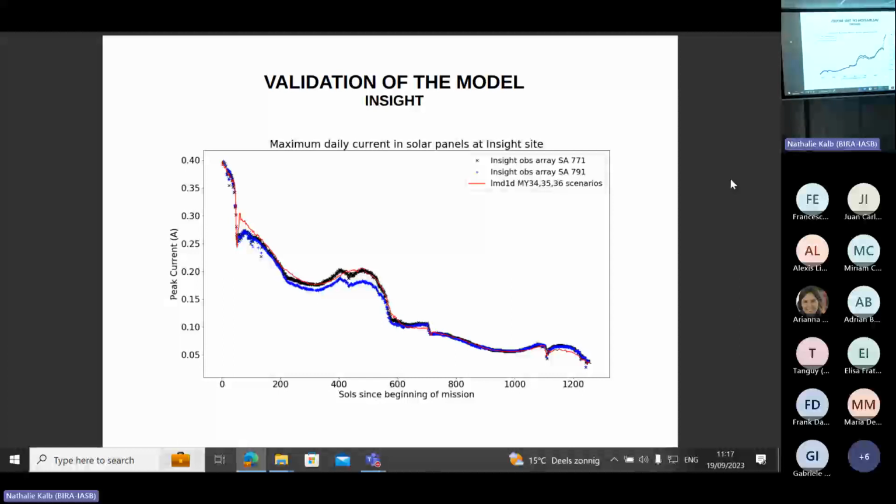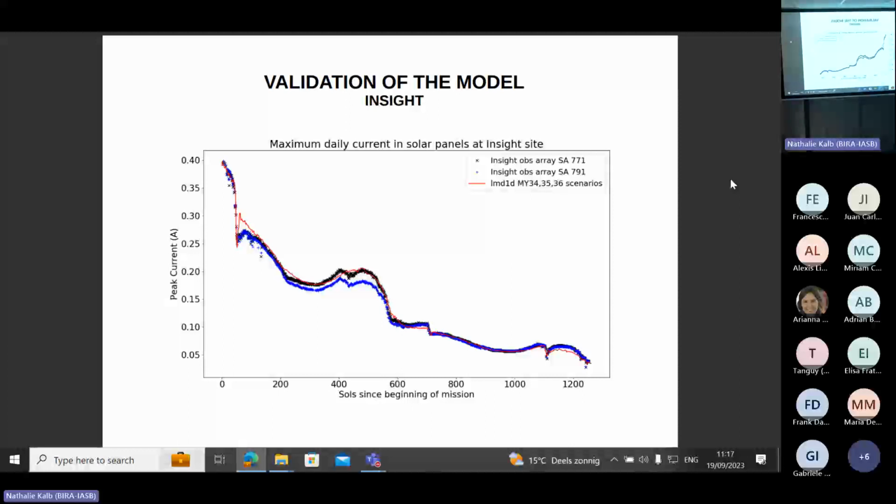And also, what is shown here is the real current in amperes that is measured by the solar panel of the lander, which I will tell you about later, but we don't have access to this value for other missions.